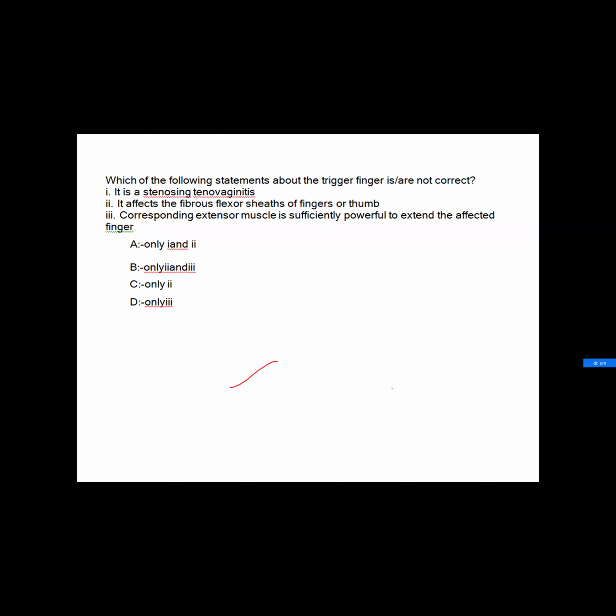So you need to identify which is not correct. Okay, second and third. Sir, only third, option D is correct. So see, what is the cause of this?